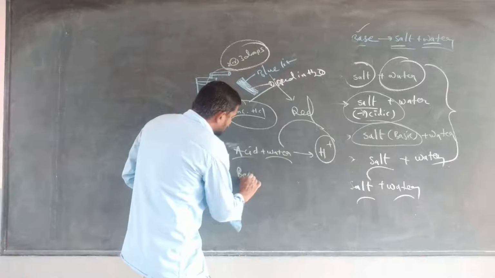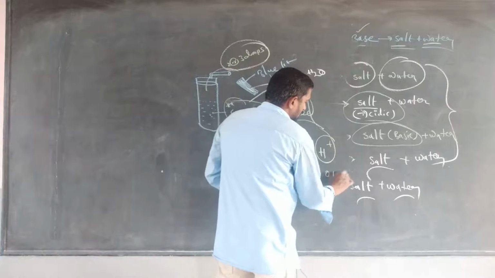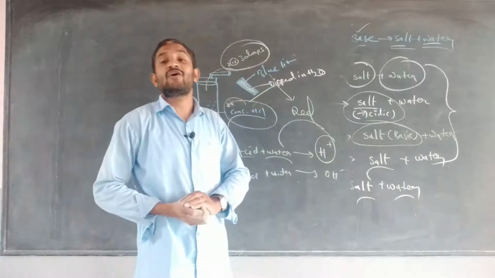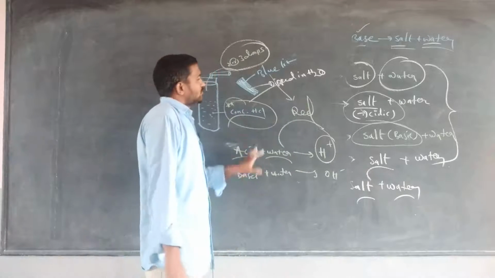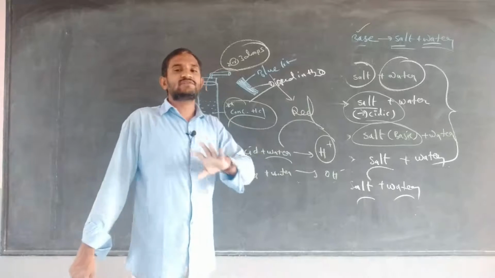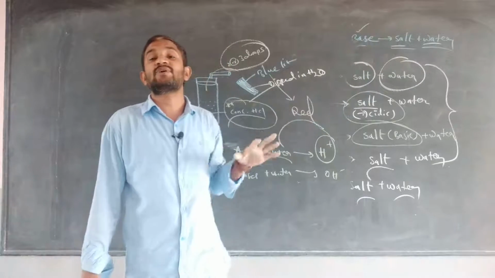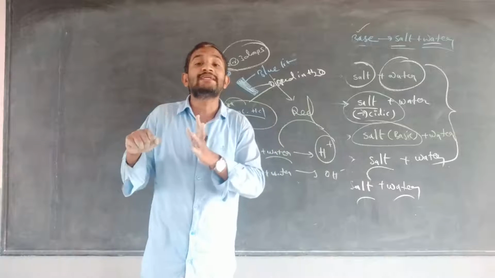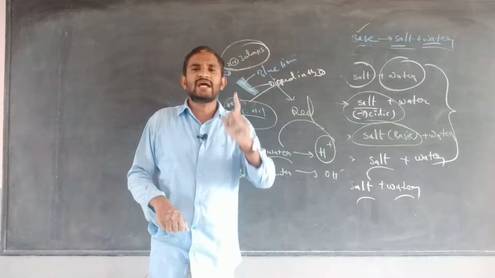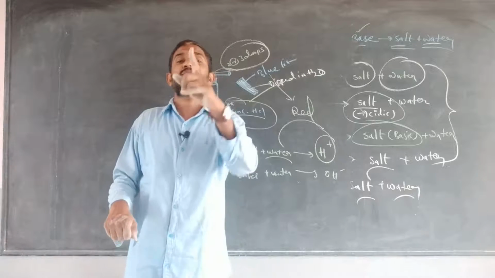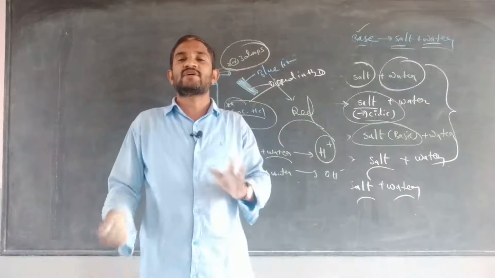Similarly, when bases are dissolved in water, they release OH minus ions according to the Arrhenius theory. Due to this, what we have to remember is that concentrated acids and bases will not change blue or red litmus paper. Only when they become diluted will they change the color of the litmus paper.